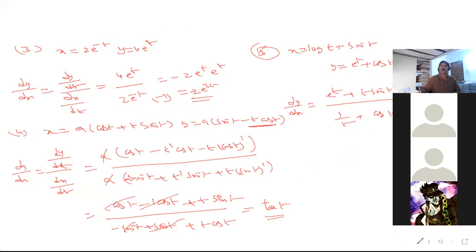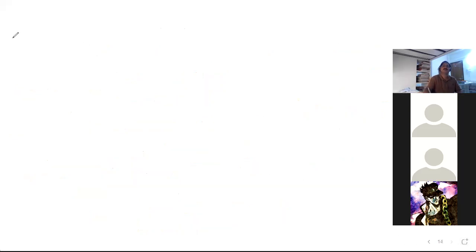See, one more sincere example of the effective one, which I started. Suppose I say like this: if x is equal to cos theta into 1 plus cos theta, y is equal to sin theta into 1 plus cos theta. Then if they ask you dy by dx at theta is equal to pi by 2, yes, they may ask you.